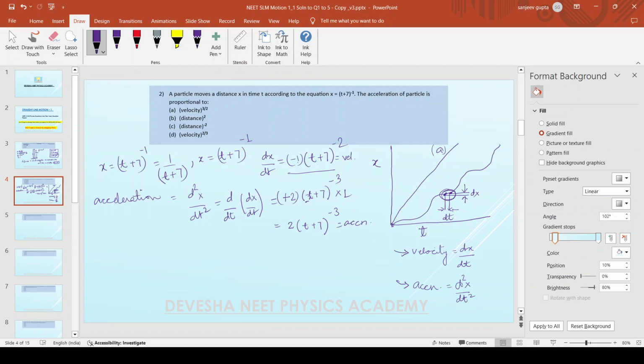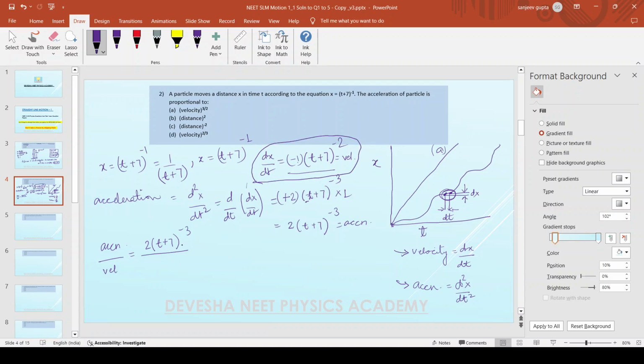Now let's understand the ratio between the acceleration and the velocity. Acceleration divided by velocity is equal to 2(t+7)^-3 divided by velocity. We saw velocity is mentioned here.